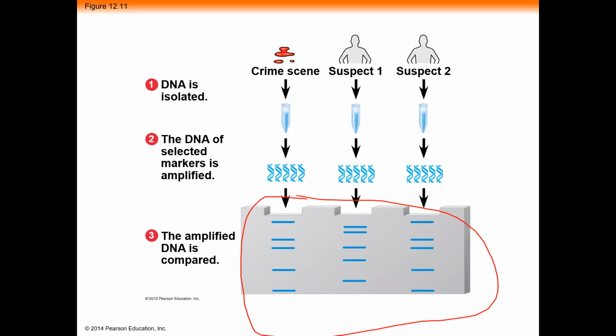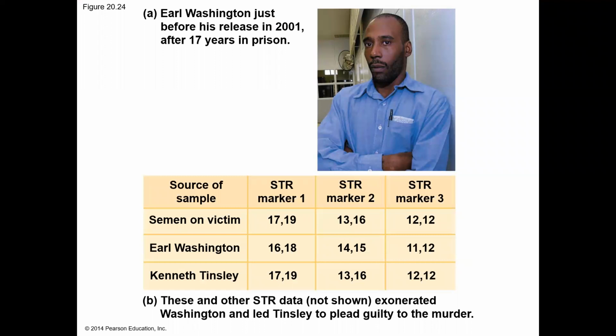And again, as we've said, even though we have backlogs, and even though we have better ability to do these kinds of things now, STR analysis can exonerate people who have been in prison for many years. Just like Earl Washington here, I believe this is in the Campbell biology textbook. There's an insert about this because we talk about this in 1171.